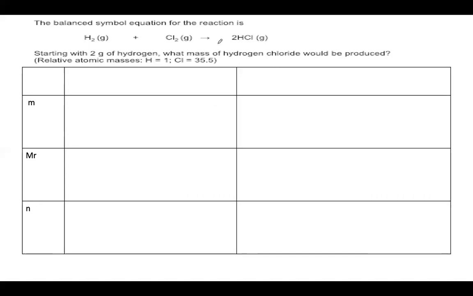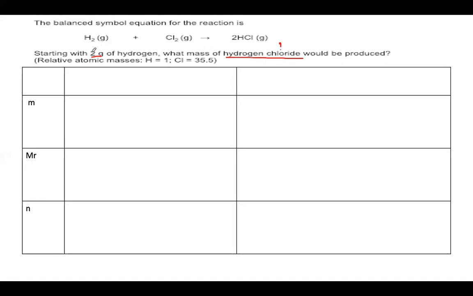If you're not in my class, you might not be familiar with the table method. So feel free to do it using the method your teacher taught you, but I'm going to go through the table method quickly here. So just draw up a table. We've got 3 columns: mass, relative formula mass, and moles. Starting with 2 grams of hydrogen, what mass of hydrogen chloride will be produced?